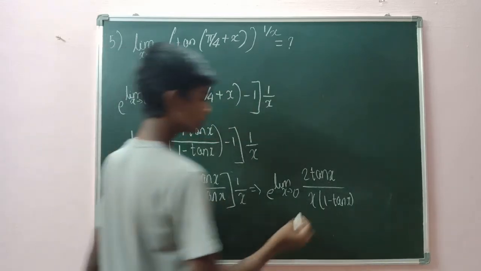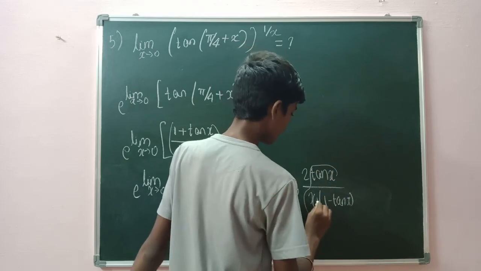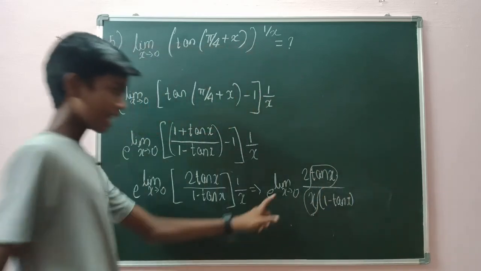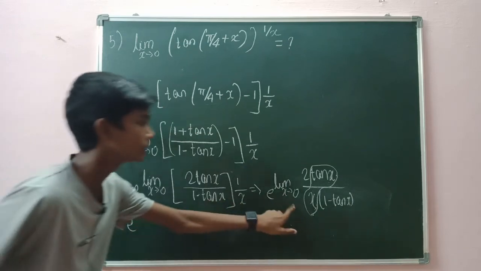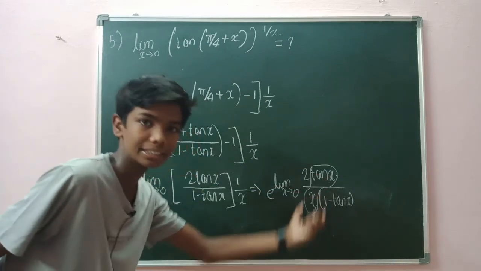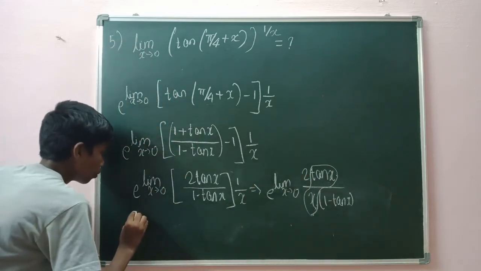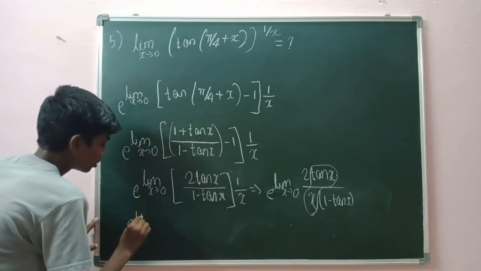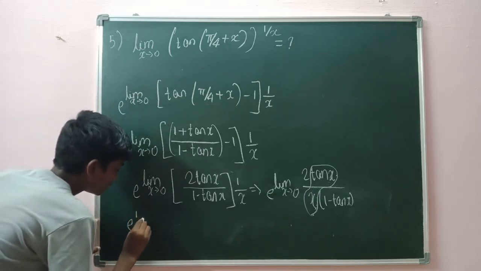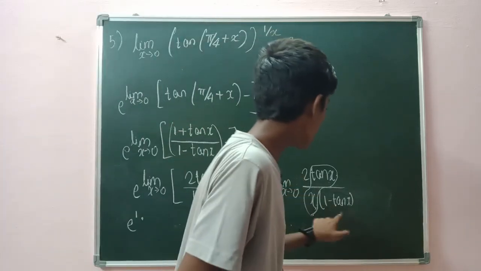So now, people, this tan x by x, when your x tends to 0, will be 1. That's a standard limit. Limit of x tends to 0 of tan x by x is 1. So I can write e power 1 into, I will write the dot, guys, into means dot, now into 2 by 1 minus tan x.